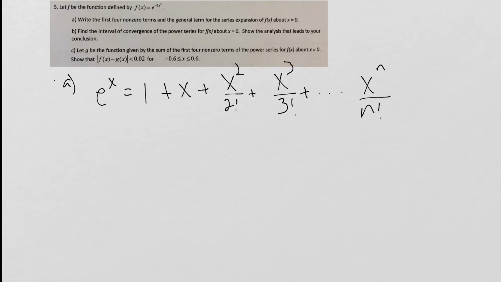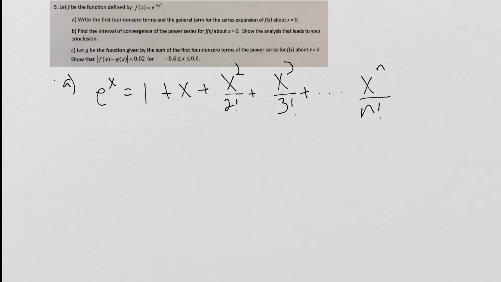The reason I wrote it like that, well, one, you need to know that. It's the easiest series to know because the powers go up and the factorials go up and they stay in the bottom. Everything's positive, nothing complicated. I wrote this because they asked for the first four non-zero terms and the general term. So I did that for e to the x.